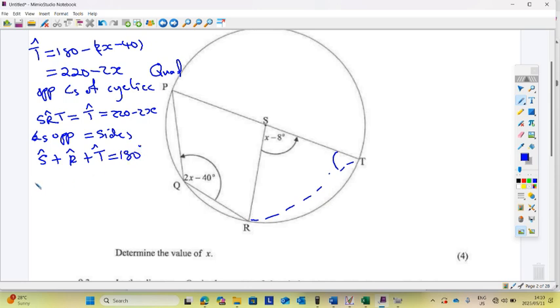We have x minus 8, that is the angle at S, plus the angle at R, which we said is equal to T, that is 220 minus 2x, and then plus 220 minus 2x once again.